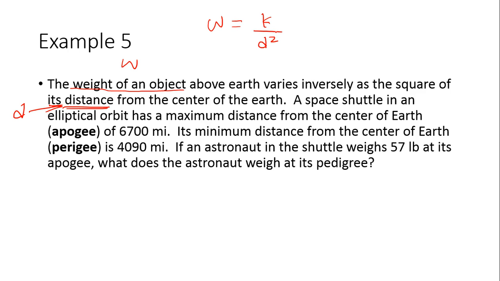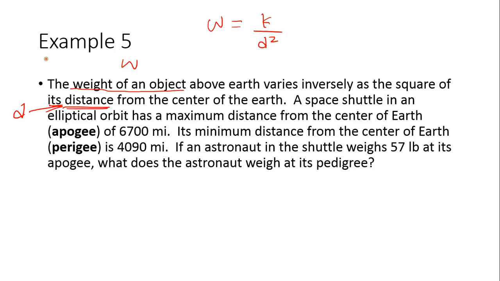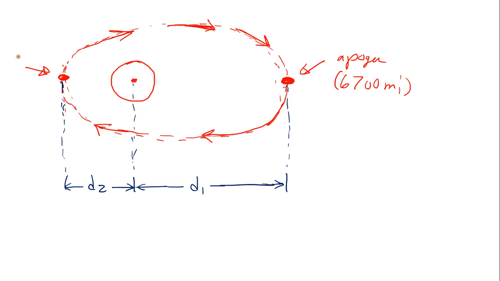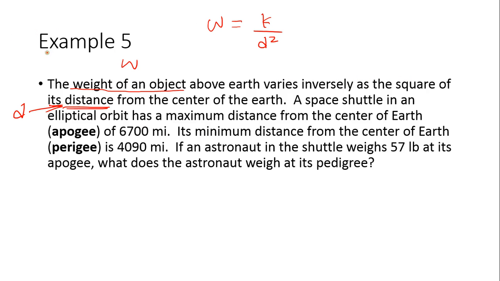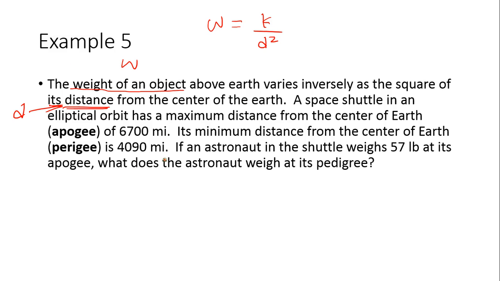They say the distance at apogee. Okay, so they call this point apogee, and this one perigee. Alright, so it says the astronaut in the shuttle weighs 57 pounds.